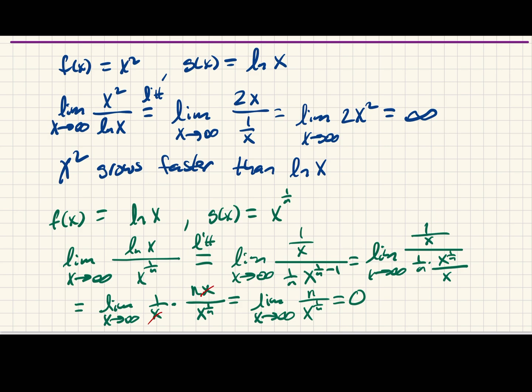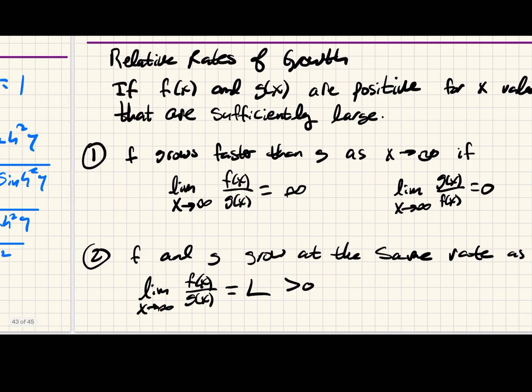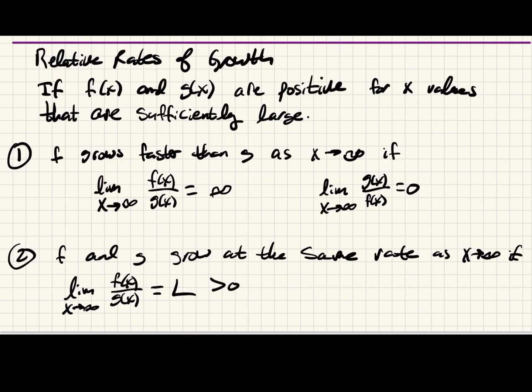So what do we know? Natural log of x grows slower. Yeah, very good. So because that was 0, natural log of x grows slower than x to the 1 over n. Because that was one of our little definitions here, that these things were equivalent.